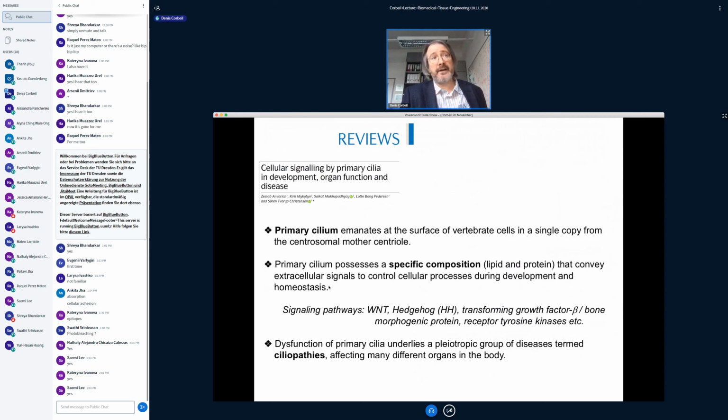They convey extracellular signals to control cellular processes during development and homeostasis. Signaling pathways like Wnt, sonic hedgehog, transforming growth factor, bone morphogenetic protein, and receptor tyrosine kinases are all located in this structure. And many diseases, called ciliopathies, can be caused by defects in proteins involved in the formation of this structure. So they are very, very important structures.